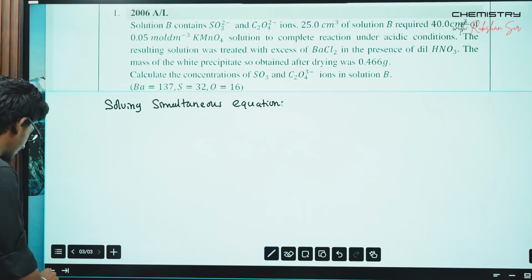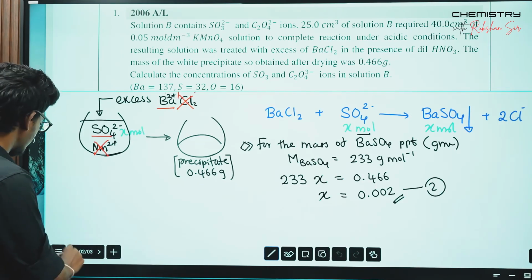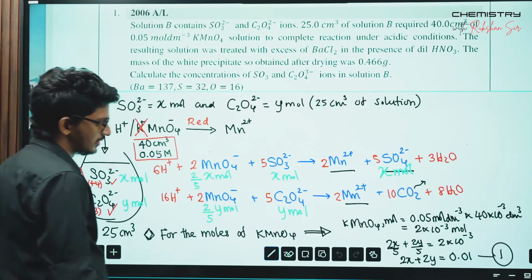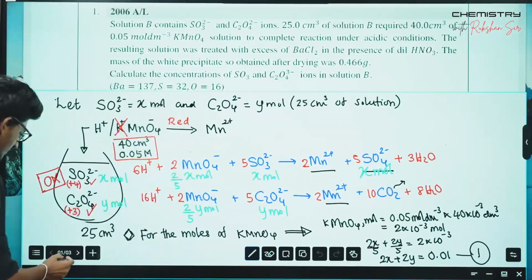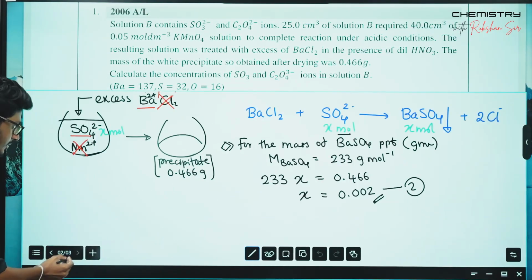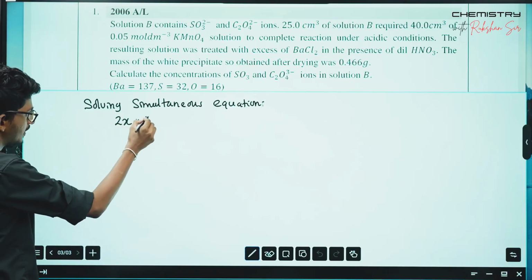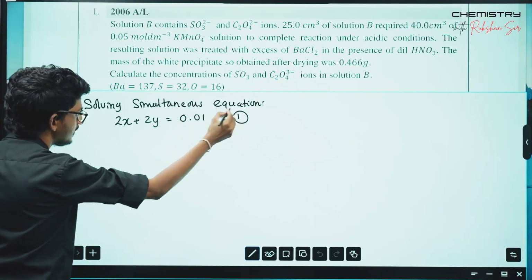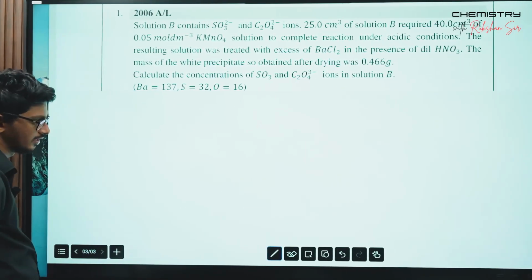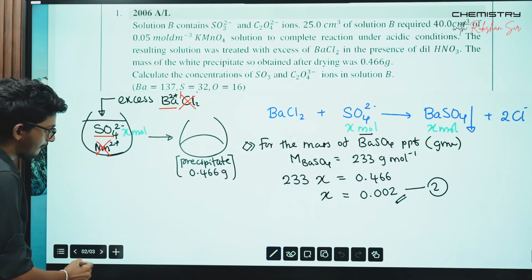What were the two equations? Right, the first equation was 2x plus 2y is equal to 0.01, that was the first equation. The second one was x is equal to 0.002, right?